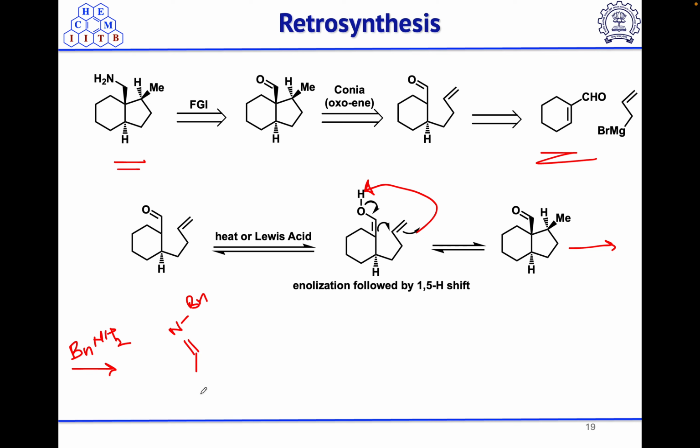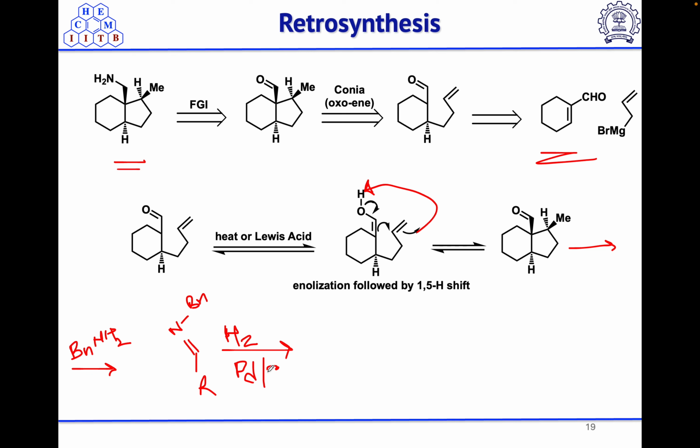Suppose this is the R. Then if you reduce it with hydrogen and palladium on carbon. We could use sodium borohydride as well, but then only imine reduction will happen, and we need to deprotect this N-benzyl also. The benzyl can be easily removed by hydrogen palladium on charcoal conditions.